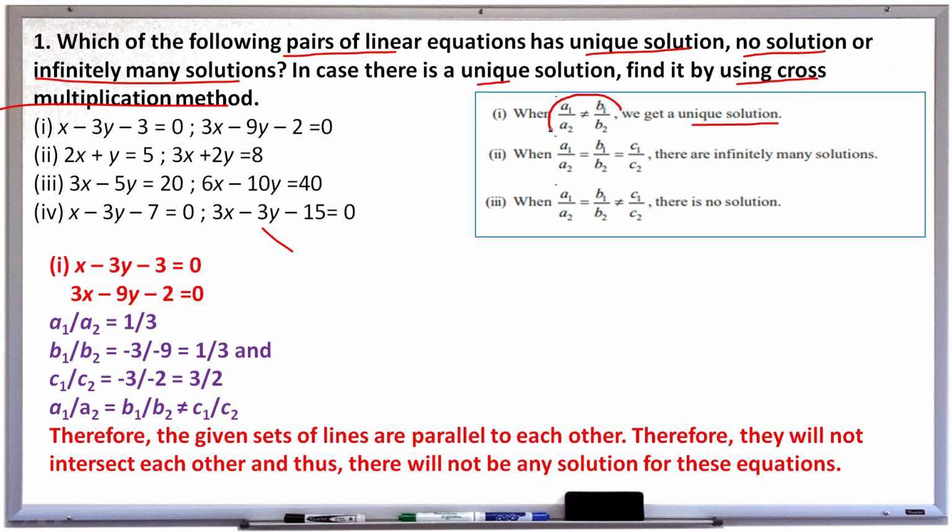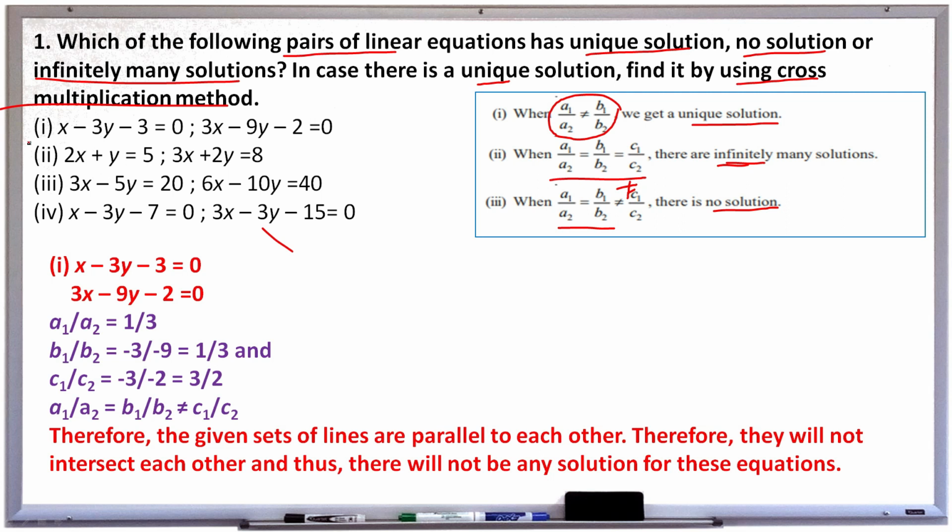This is the condition for unique solution. Infinitely many solutions means a1 by a2 is equal to b1 by b2 is equal to c1 by c2. If all the values are equal, then we can say infinitely many solutions. No solution: the first two terms a1 by a2 is equal to b1 by b2, whereas c1 by c2 is not equal. There is no solution for this equation.